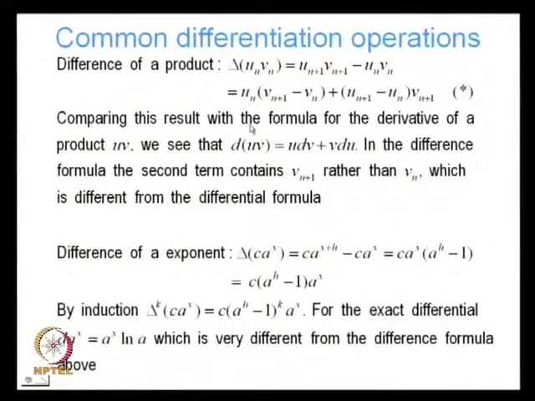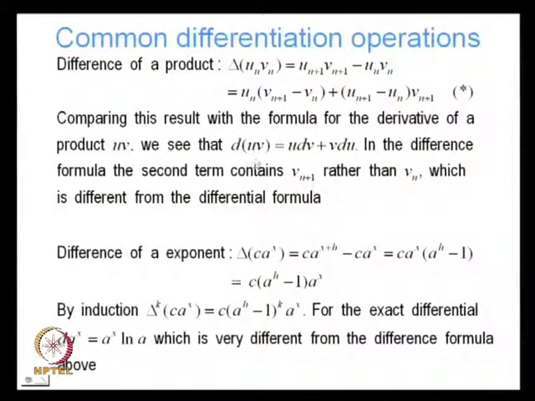Let us compare this result with the formula for the derivative of a product uv. The derivative of a product, d(uv), is equal to u dv plus v du. Now, look at this. If we think of this as del v, I have u del v, plus, if I think of this as del u, del operating on Un, I get del Un times Vn plus 1, which is very different.